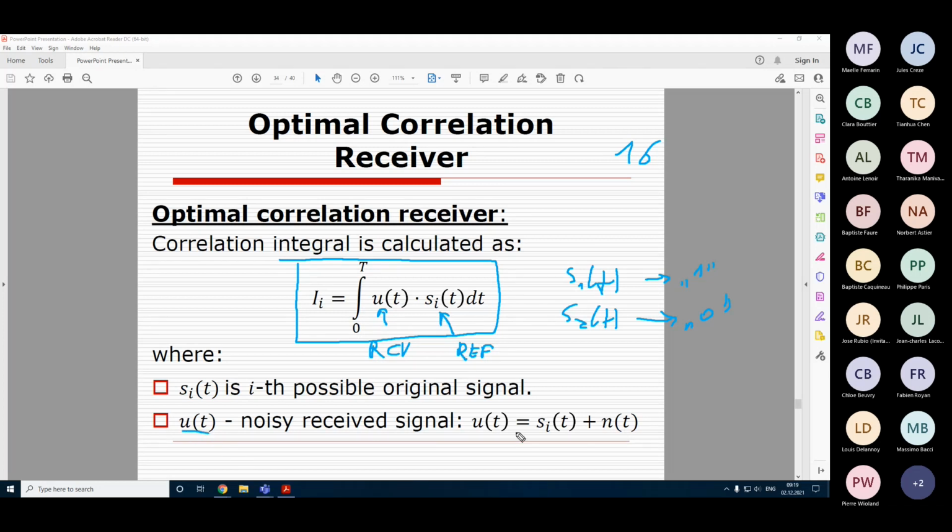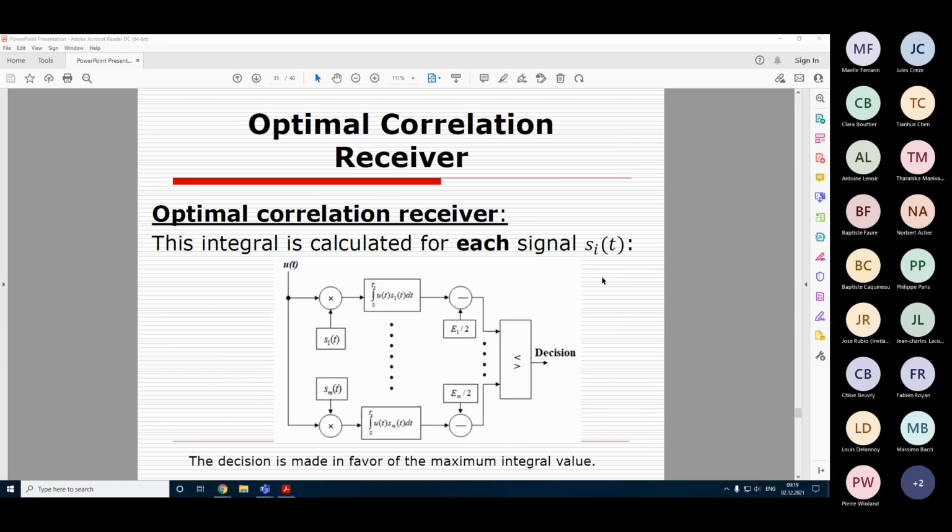So the noisy received signal is the same signal. Well, actually, let us denote it as J because this choice is random, plus accordingly noise. As I said, for each possible signal, we calculate this correlation integral.